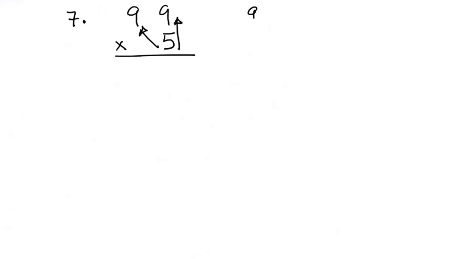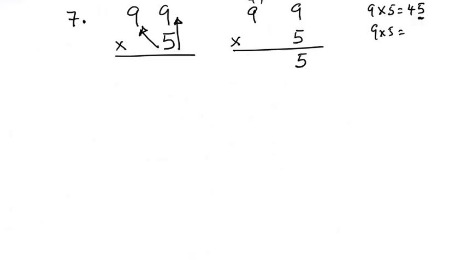So we have 99 multiplied by 5. So we have 9 times 5 equals 45. The next question, what number do we write down? 5. And we carry our plus 4 here. Then again, 9 times 5 will give us 45. Now plus 4. So we have 49.